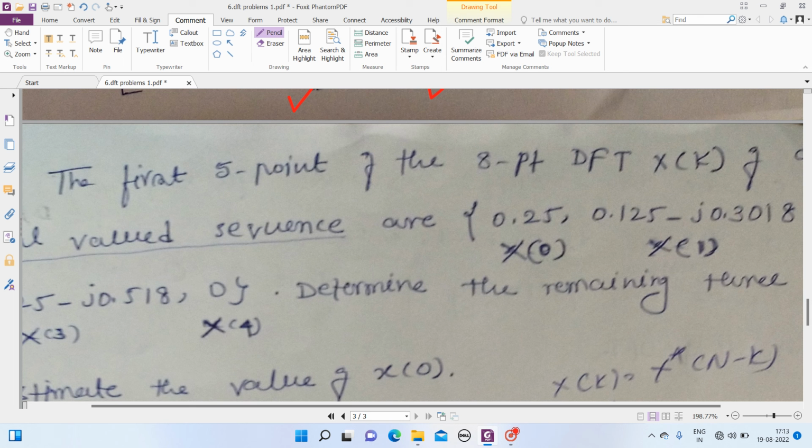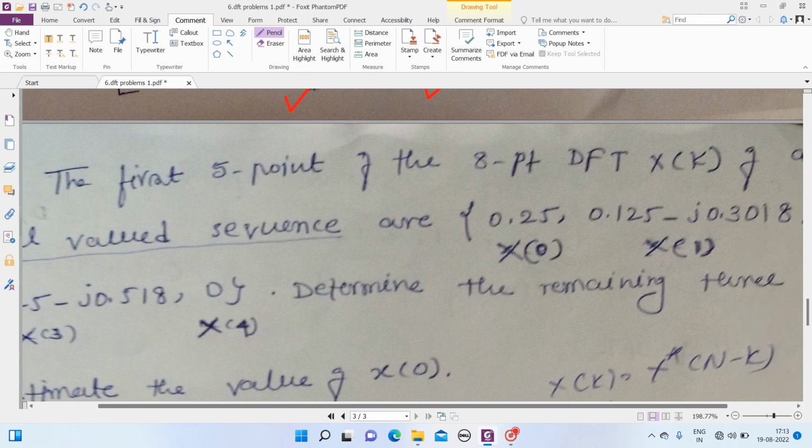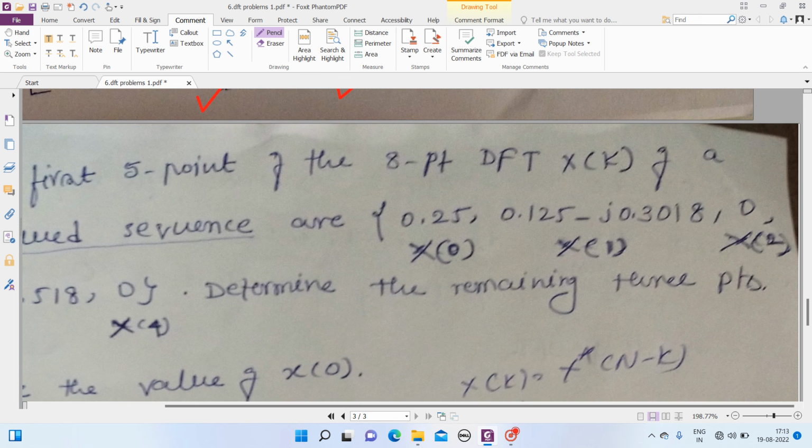So the first 5 points of the 8-point DFT x of k of a real valued sequence are given. Out of 8 points they have given only the first 5 points. Just make sure while reading the problem that you read carefully.